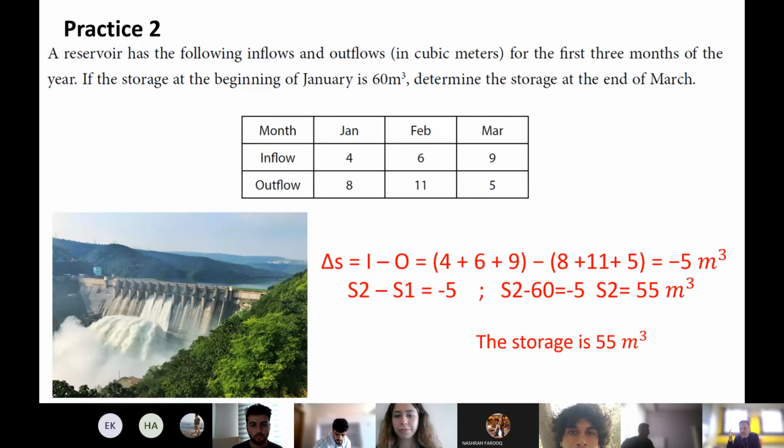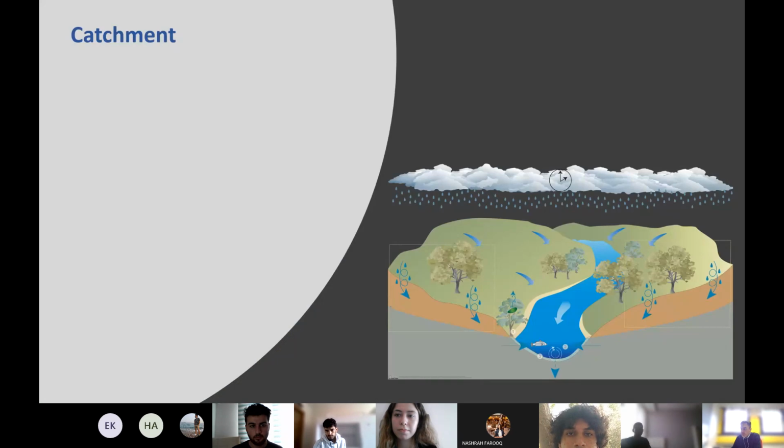So, based on the conservation of mass, we can find how much water we have at different times in our reservoirs. This is one example. I could continue with the catchment, but I think this is the first session and we covered the first 2 weeks of our lectures so far, and I will continue with this part next week.